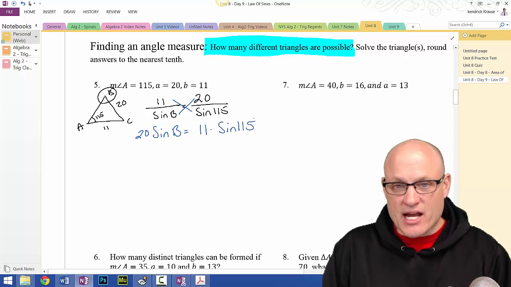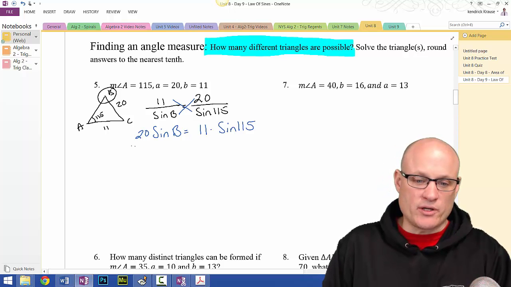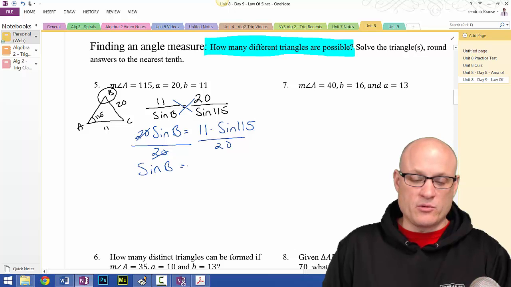Now, I still got to get sine B by itself, so I'm going to get rid of this 20. Divide by 20. Divide by 20. And I get the sine of B equals 11 times the sine of 115 over 20.